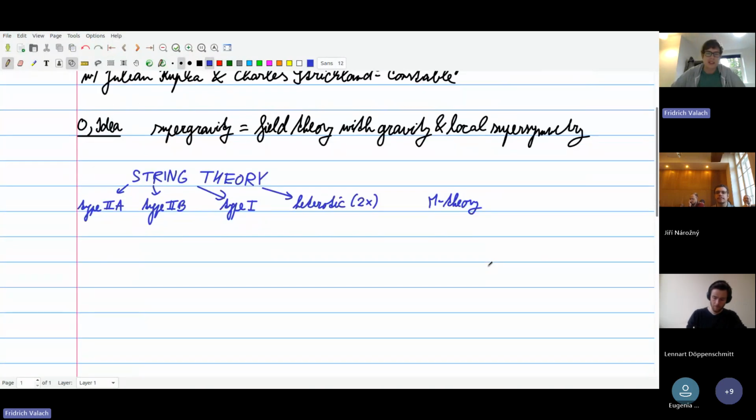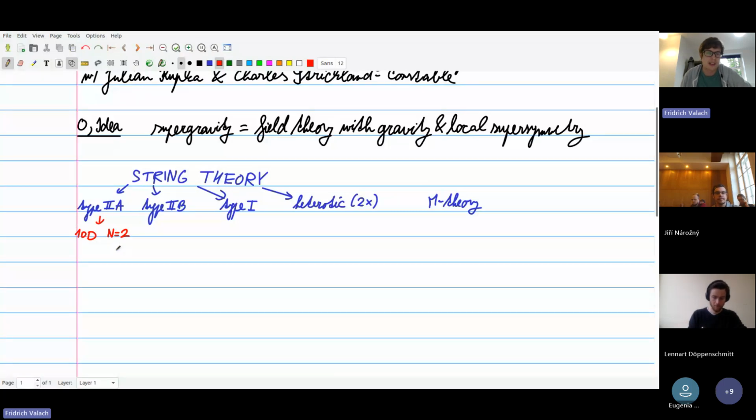What I want to argue is that if you look at any of these five theories and at their low energy effective limit, so the dynamics of the lightest sector, the lightest particles, the lightest fields, then what you get is a supergravity. In each of these cases you get some kind of supergravity. For type 2 you recover 10-dimensional N=2 supergravity. 10-dimensional means that it lives on a manifold which is 10-dimensional.